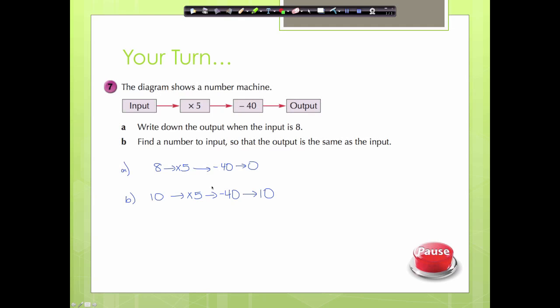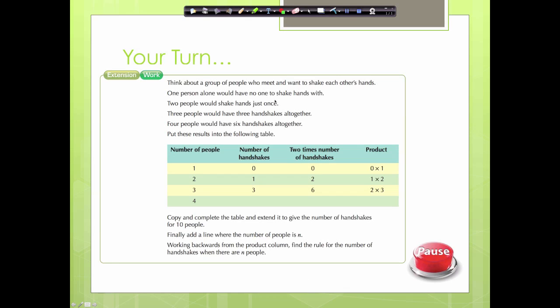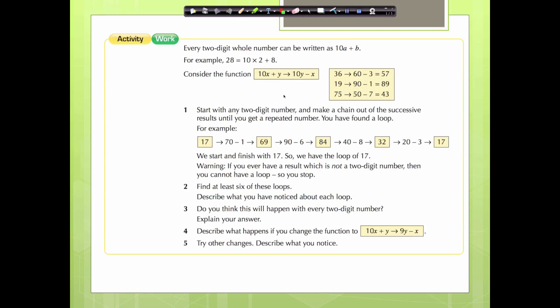Okay, there's a bit of an extension question for you to do. I'm not going to read it out. You can press pause, read through it, and then you can complete that if you're happy to. Okay, and for those of you who are understanding this really well, you can try this activity question as well.